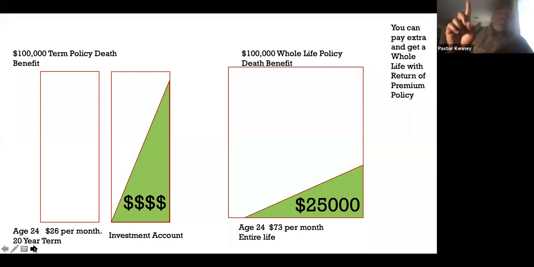Actually, I want you to make sure you understand this. Let's say that you do have a $100,000 policy and you have $25,000 of cash value build up. Do you get both of those? You just died, does your beneficiary get the $100,000?